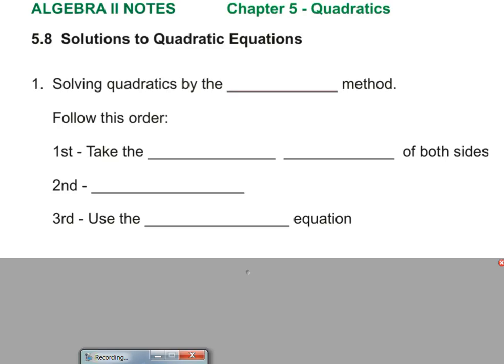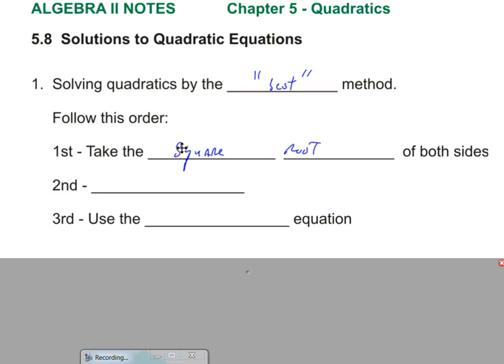So in reality, if you have a choice, the first thing to look to do is to take the square root of both sides. Solving quadratics by the, quote, best, unquote, method.